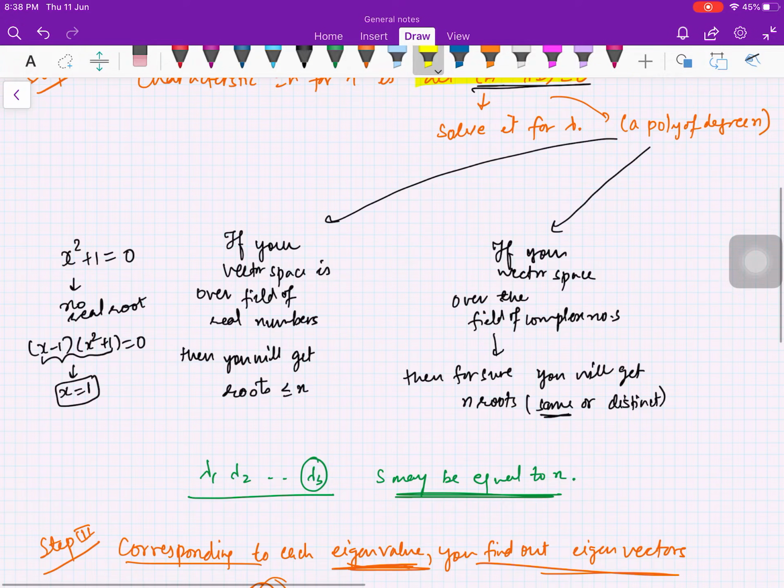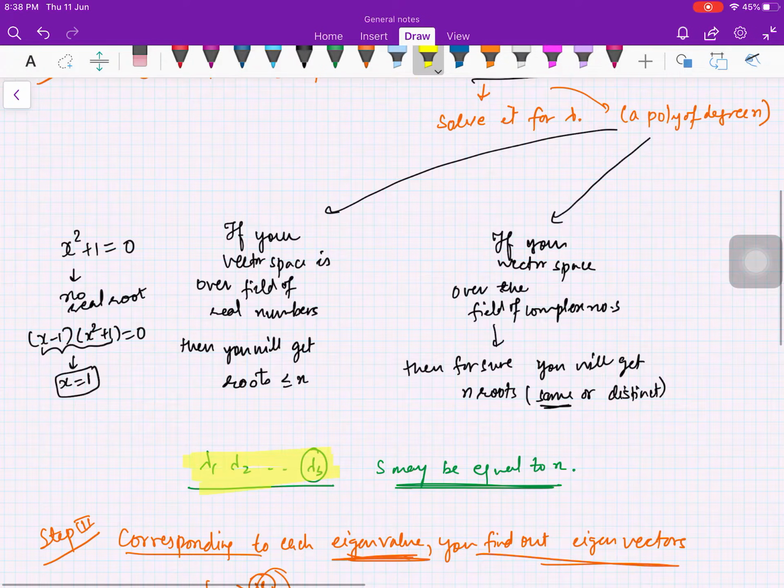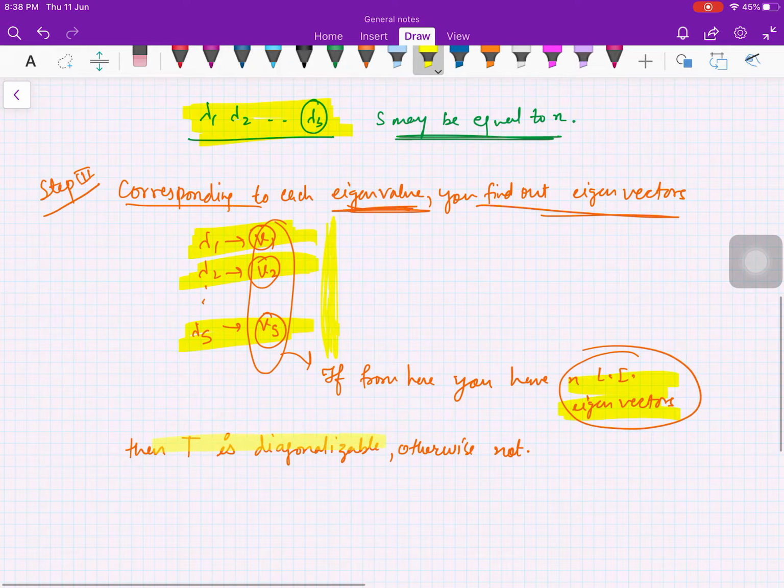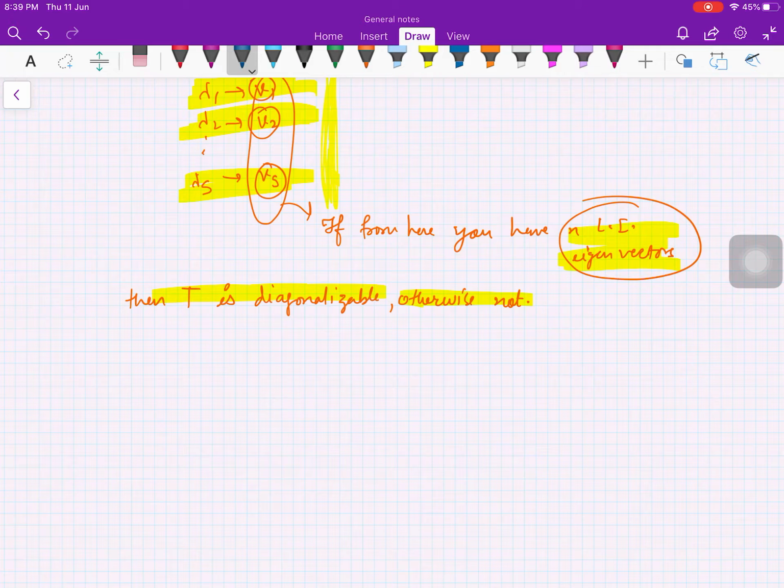Then you will write the characteristic equation for A, then find the roots of this characteristic equation. Then corresponding to each eigenvalue you will find the eigenvectors. If you have n linearly independent eigenvectors, then you will say that your T is diagonalizable, otherwise not.